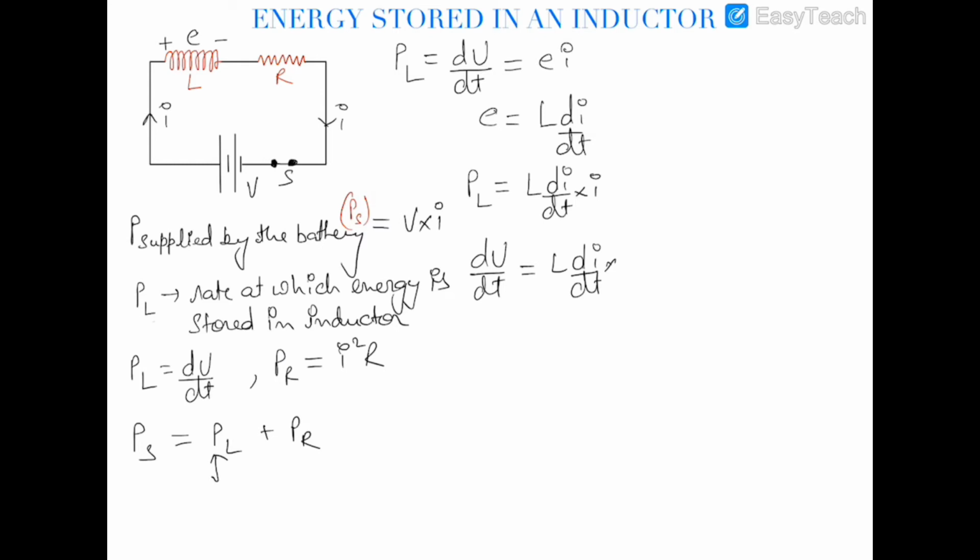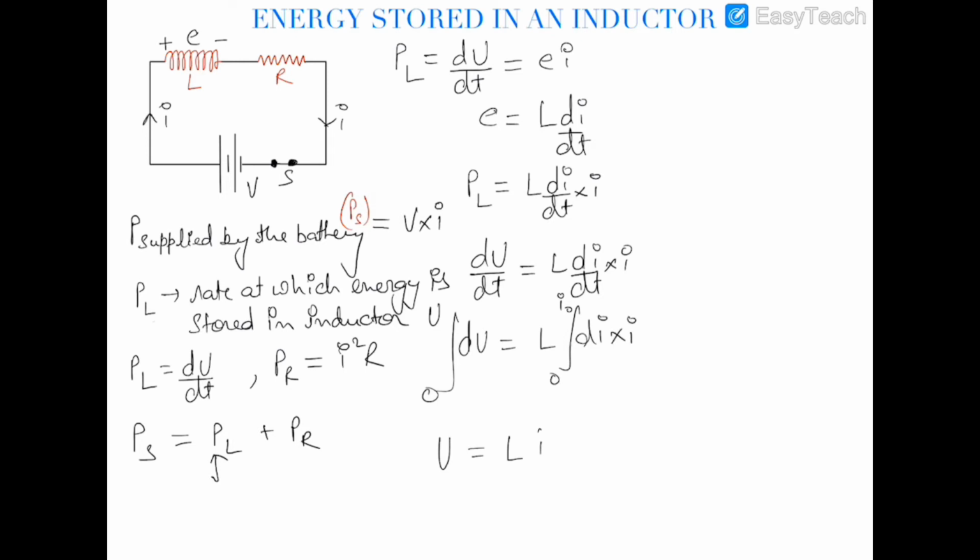Now integrating both the sides, we get du is equal to L I di, and again integrating from limit 0 to u and from 0 to I naught. This is u is equal to L, and this I will be written inside the integration.